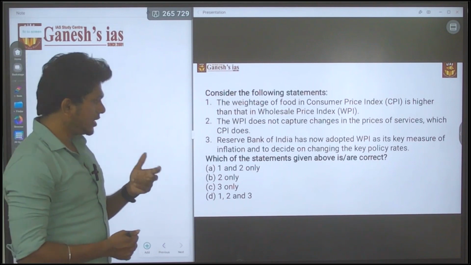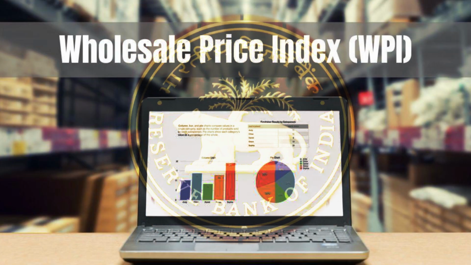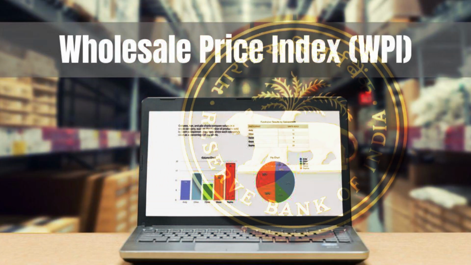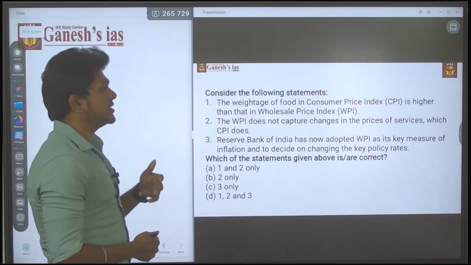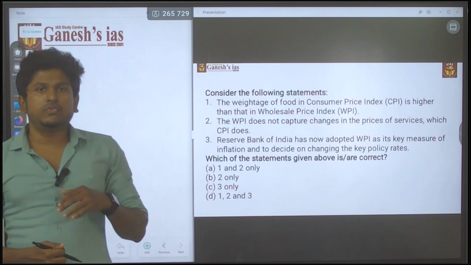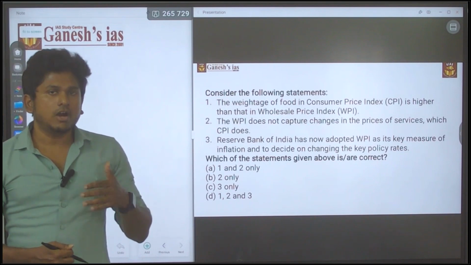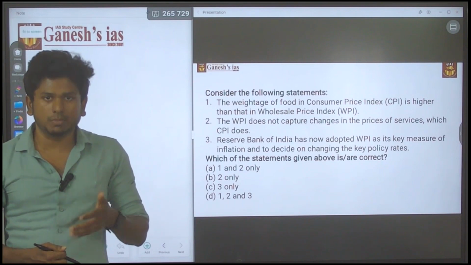Okay, next, the Reserve Bank of India has now adopted WPI as its key measure of inflation to decide on changing the key policy rate. See, before 2015, RBI used only WPI for inflation measurement in the market.